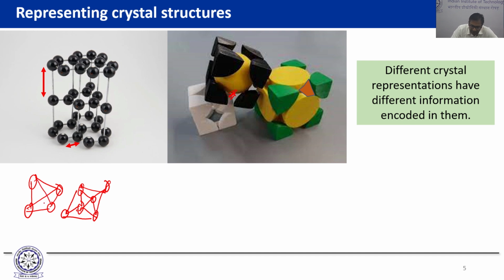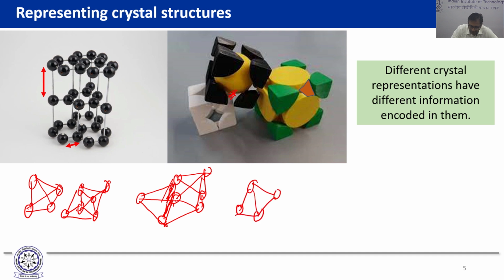Now you could have a situation where these octahedras and the tetrahedra are connected in a very specific manner. So let's say that this is one, and then we have a situation where the octahedra is like this. So now basically both of these polyhedra are sharing a face. You could have a situation where instead of sharing a face, this polyhedra would actually be sharing an edge.